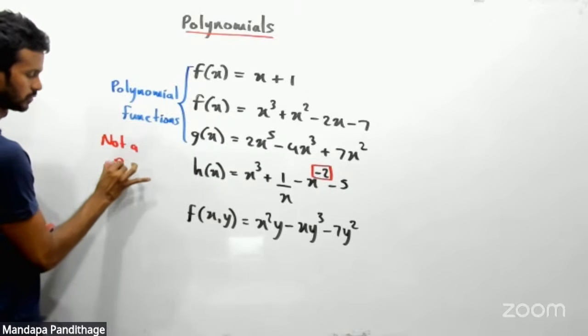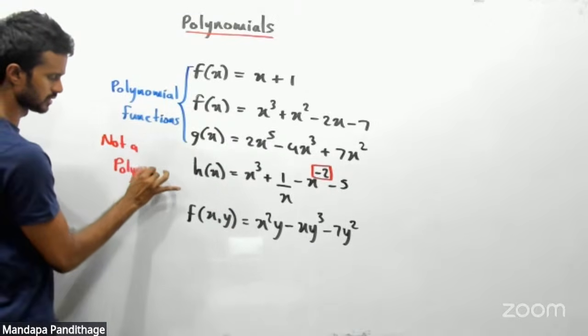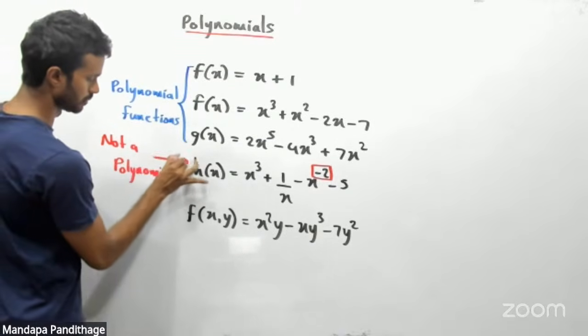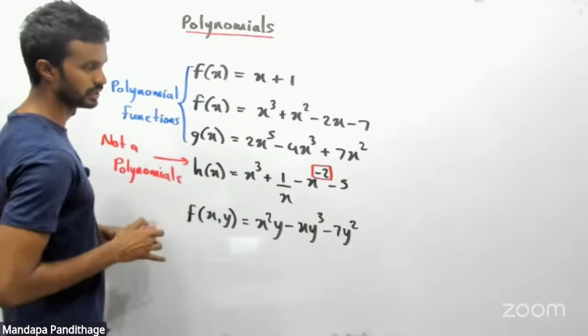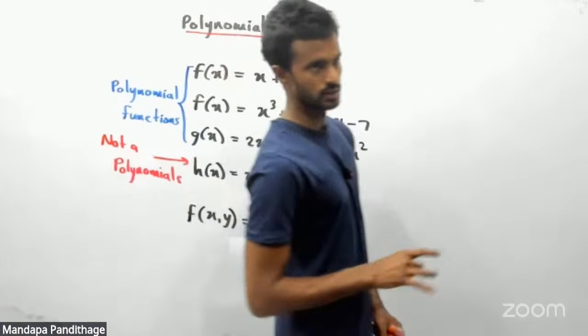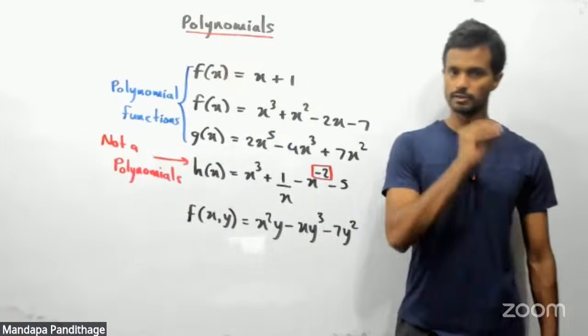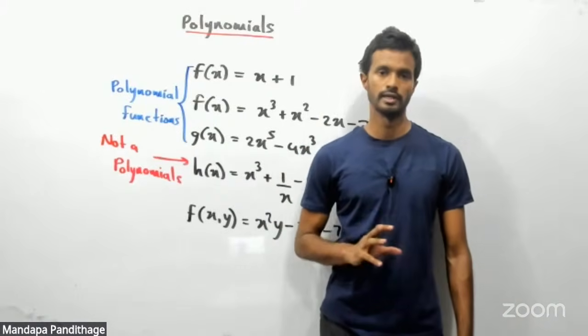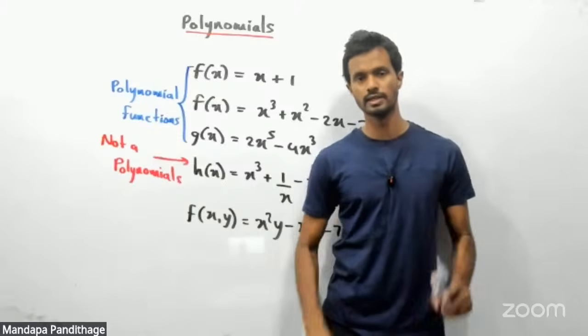Even this is a polynomial because a polynomial can consist of several variables. That doesn't affect it being a polynomial. The only thing is that it should be under the definition. What is the definition? A polynomial function is a function that only consists of positive integral powers of the variable, and there can be constants.